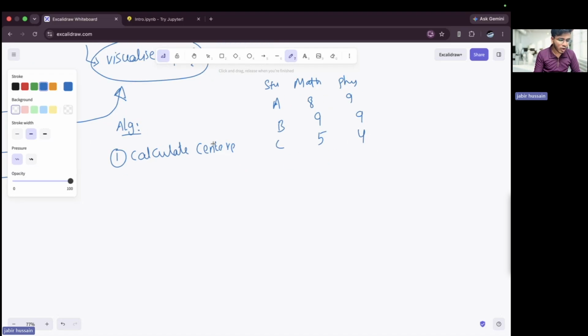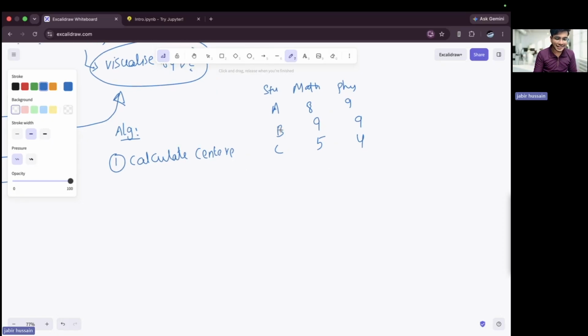Now what we do is take the center of this data. How do we know the center? The simple answer is we know the formula, which we studied in geometry in 11th class. Let's say there are two dimensions. The center of x comma y would be x1 plus x2 plus x3 up to xn divided by n, comma, y1 plus y2 plus y3 up to yn divided by n, if there are n points.